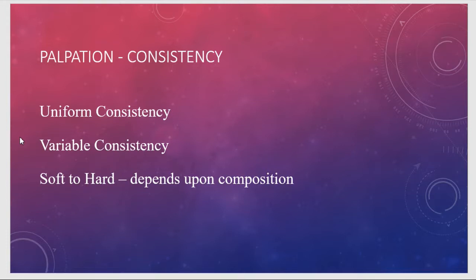The consistency could be soft to hard, and basically it depends upon the composition of the swelling, what structures or tissues are present inside the swelling. It decides whether the swelling will be soft or hard.